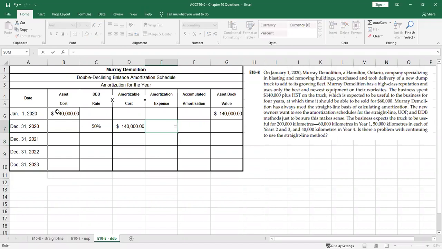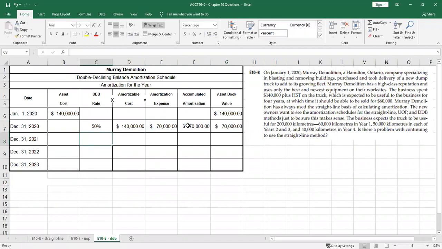The amortization expense will be calculated the same way, 50% multiplied by the amortizable cost. So amortization expense is $70,000. The accumulated amortization is just going to be $70,000 because we only have 1 year accumulated so far. And the asset book value will be $140,000 minus the accumulated amortization.